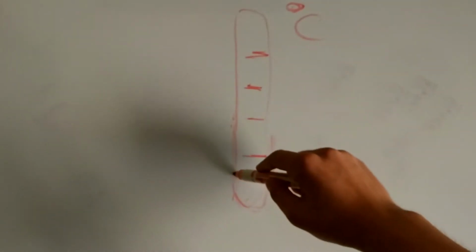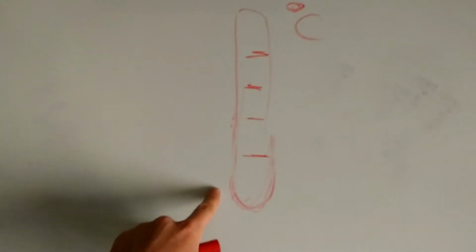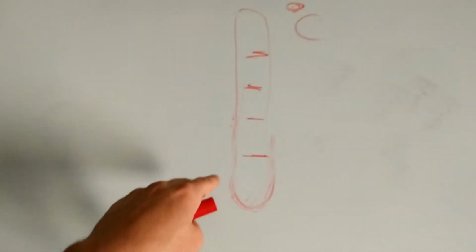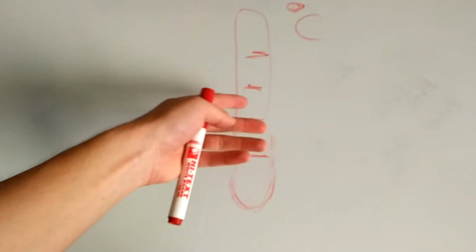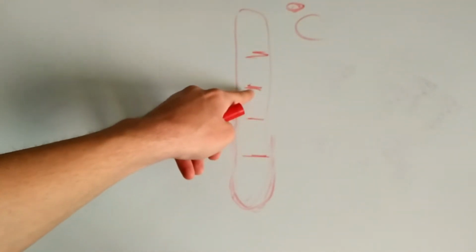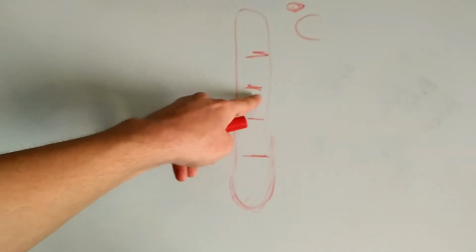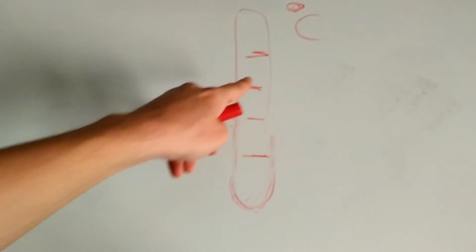Now, since we're using mercury or alcohol, we can say that as the thermometer is in thermal contact with another substance, the mercury inside the thermometer rises until the appropriate temperature, and according to this scale we'll know the exact temperature.